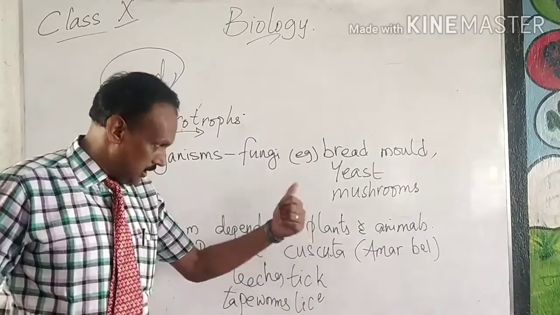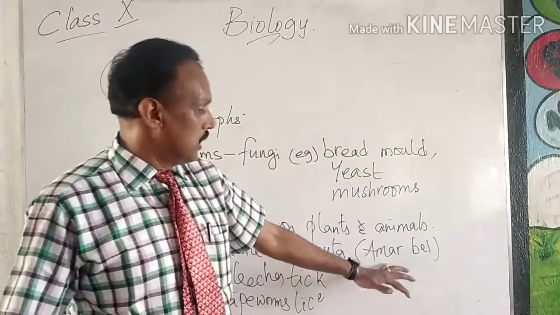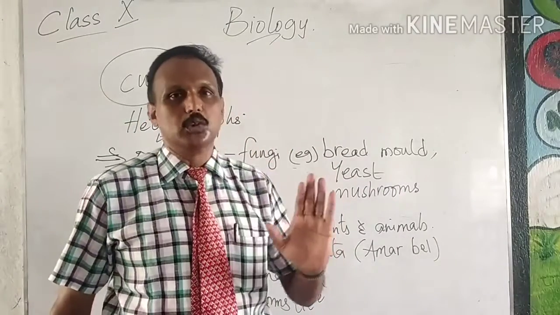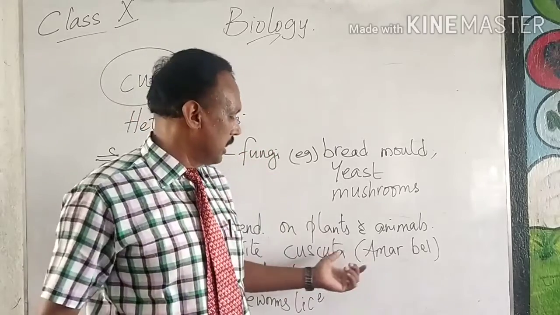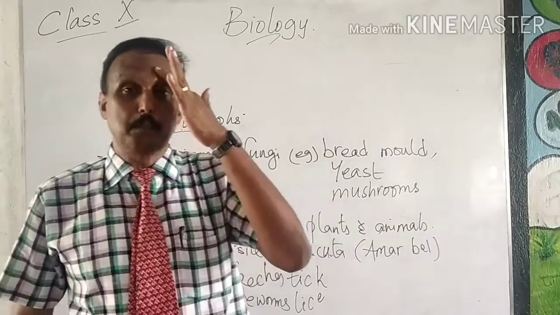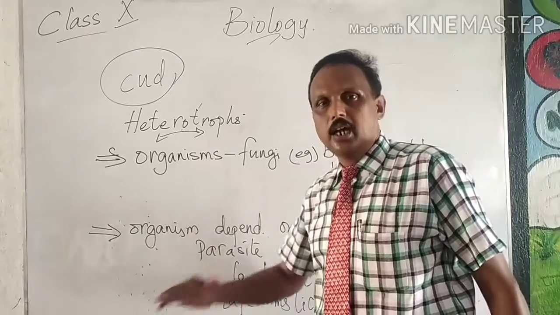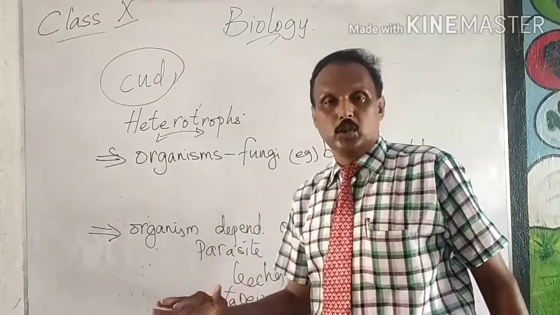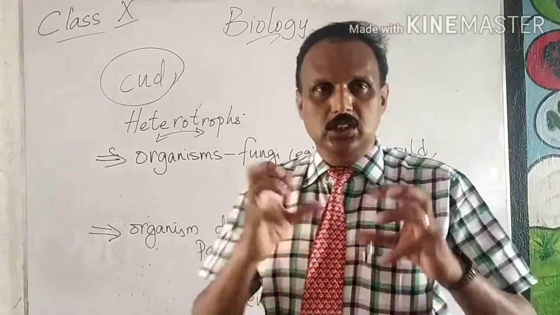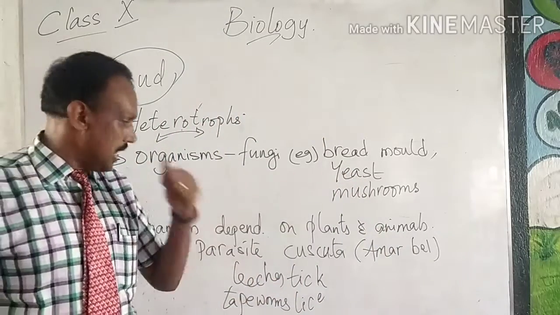And cuscuta, what you call the amarbel, will climb and grow onto the tree, and from that tree, whatever food it makes, it will be absorbing and then growing. They are called parasites. Parasites means they don't help anybody, sometimes they will harm also, but without doing any work, they are using food from other animals.